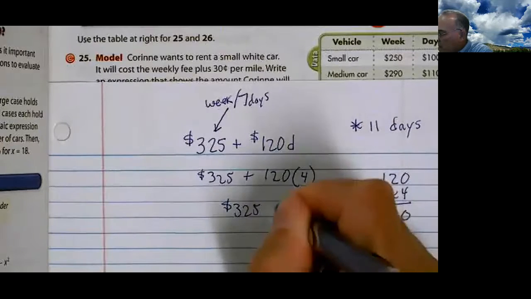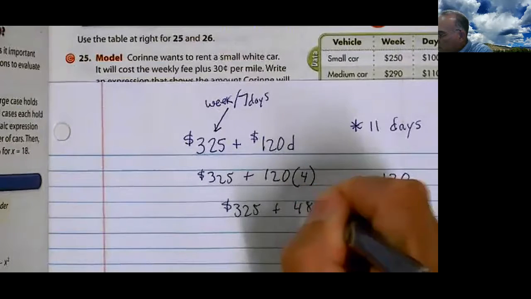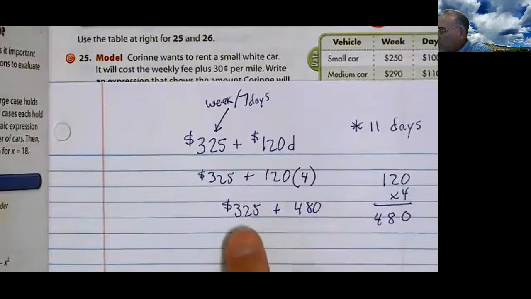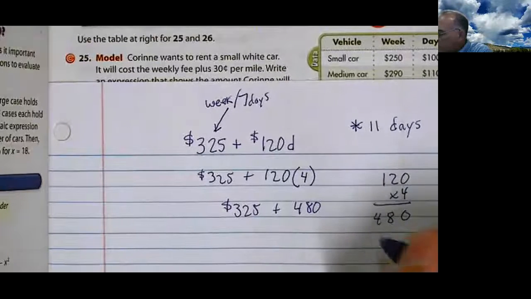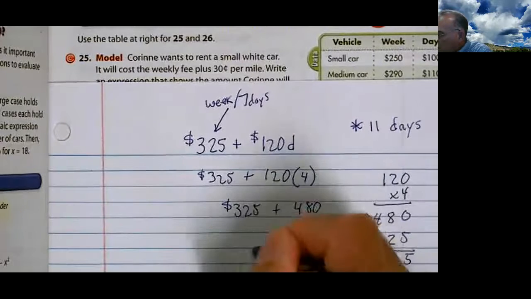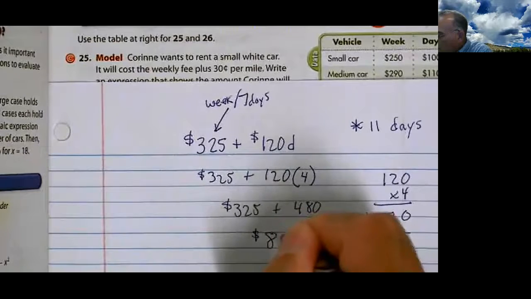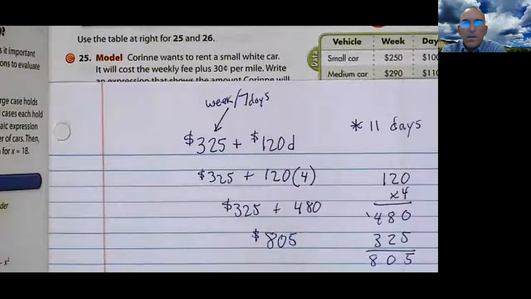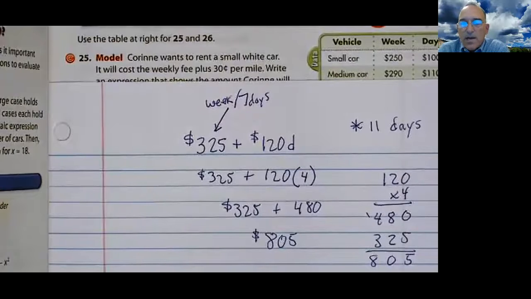It's 480. I'm then going to bring the 325 over here. I'm going to add them together. I find out that it's going to cost $805.